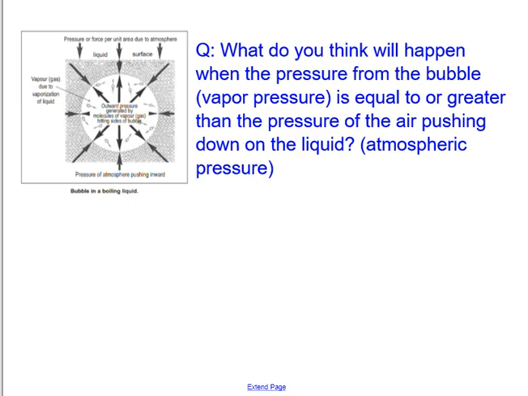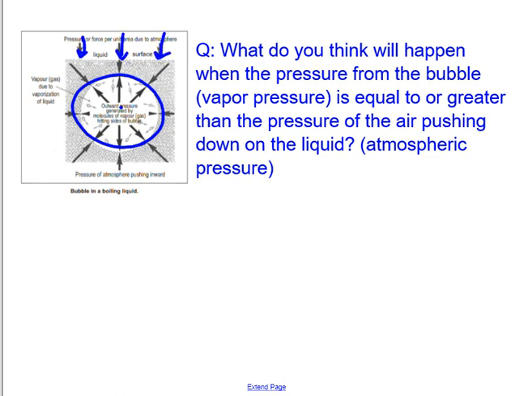In a container of liquid, when we have particles starting to form a gas, they can form a bubble under the surface of the liquid. This bubble forming under the surface of a liquid has vapor pressure. It's vapor pressure because it's still under the surface of the liquid and is not yet exposed to the air. Air pressure is still pushing down on the surface.